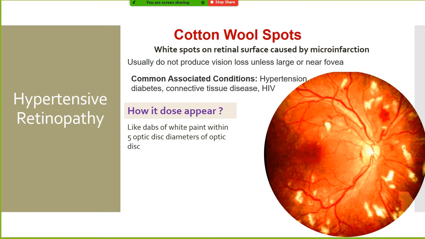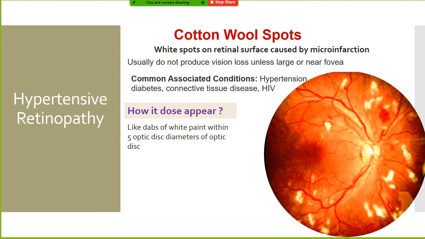Moreover, cotton wool spots don't show any visual loss unless they involve the center and are large enough in the fovea.